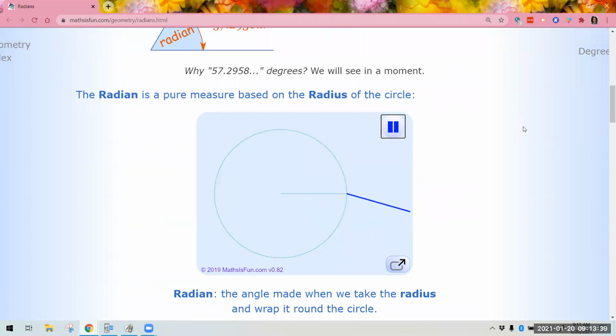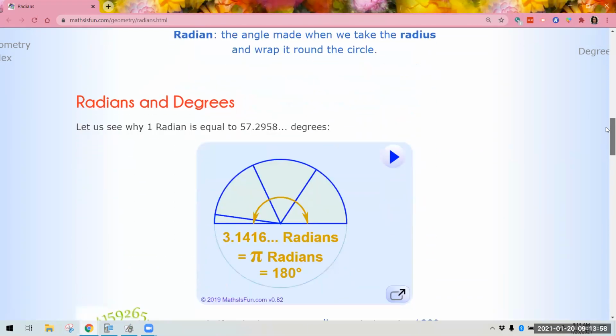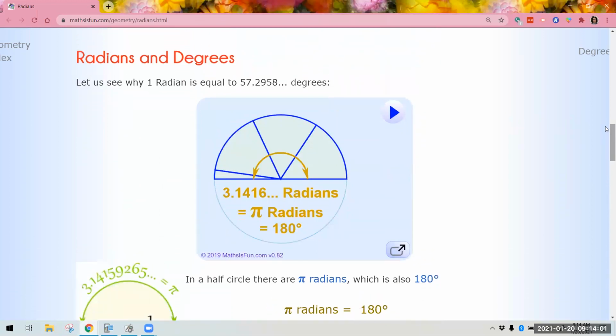I'm going to show you an animation on how that looks. So you take the radius, wrap it around the outside of the circle, and now this angle measure right here is 1 radian. If we go halfway around the circle, we're going to get 3.14159 radians, which is pi.